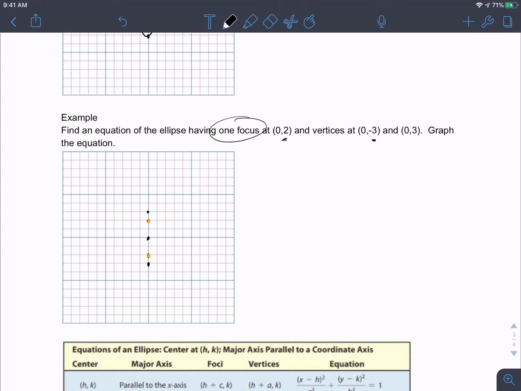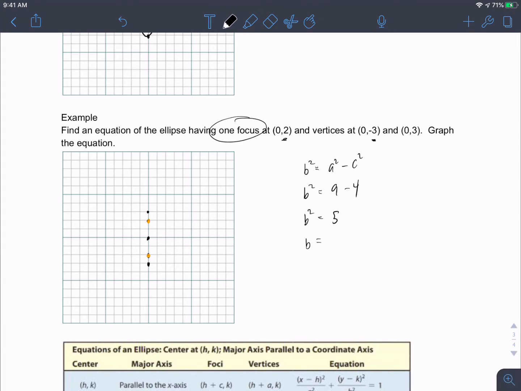So in order to be able to graph this thing, we have to find out what our minor axis is. And so we're going to go b squared is equal to a squared minus c squared. So b squared is equal to 9 minus 4. So b squared is equal to 5.